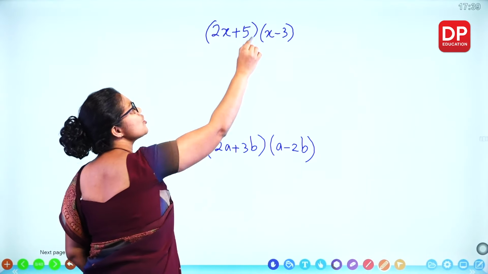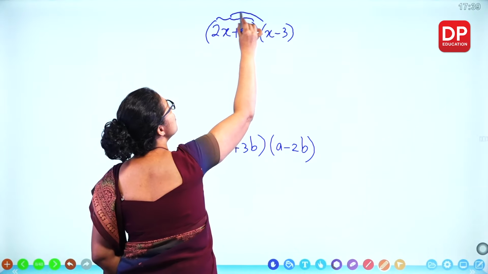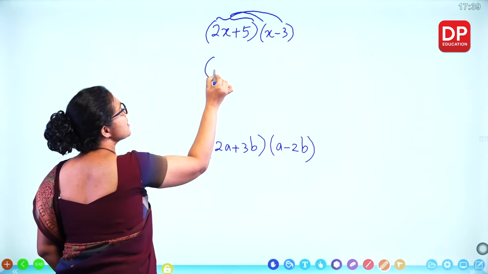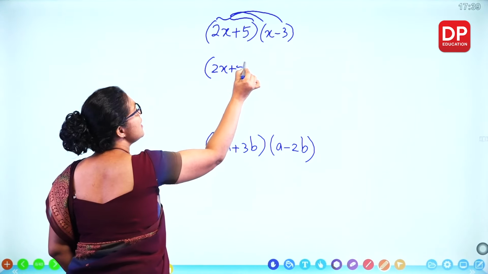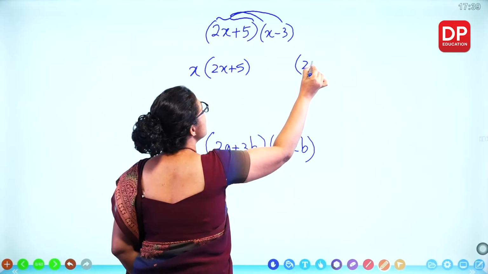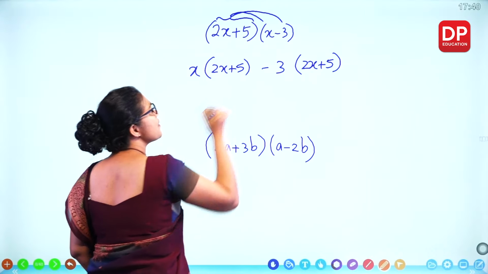So this is the expression here. You are multiplying with these two numbers. So what can we write? (2x plus 5) is the expression. You are multiplying with x, and the 2x plus 5 term you are multiplying with minus 3.